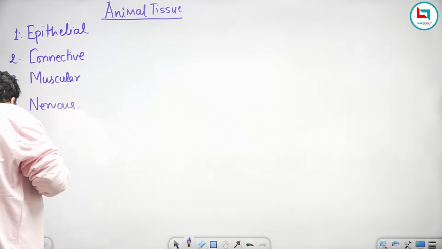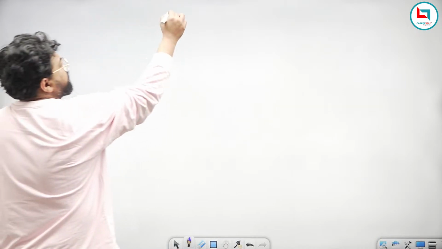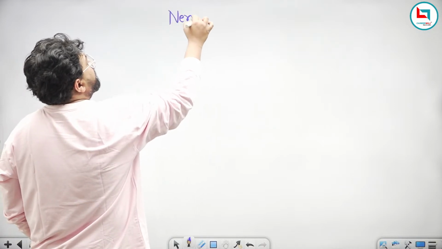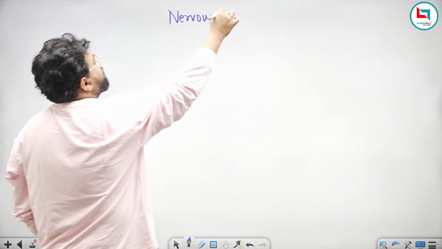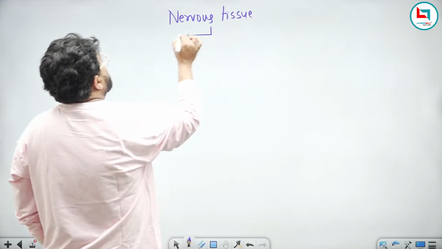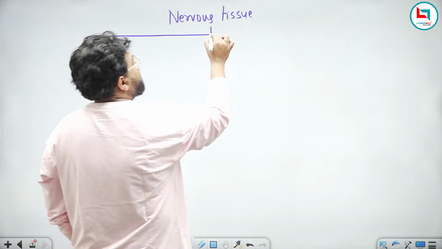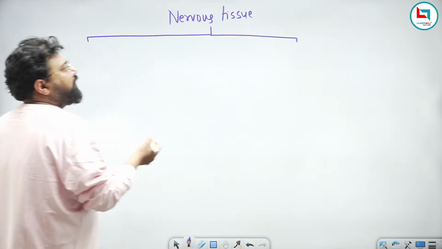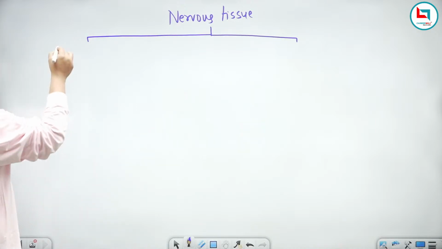So basically, nervous tissues. Nervous tissues are basically divided into two different types of cells.